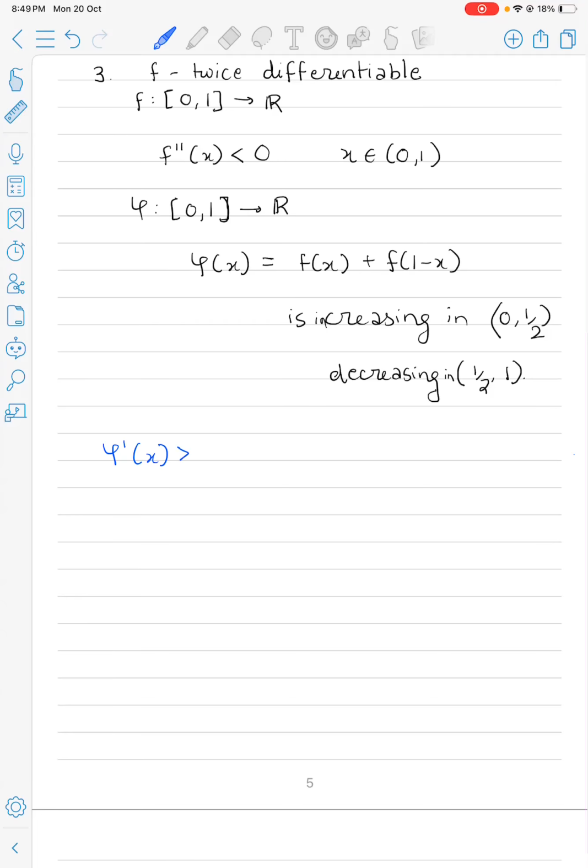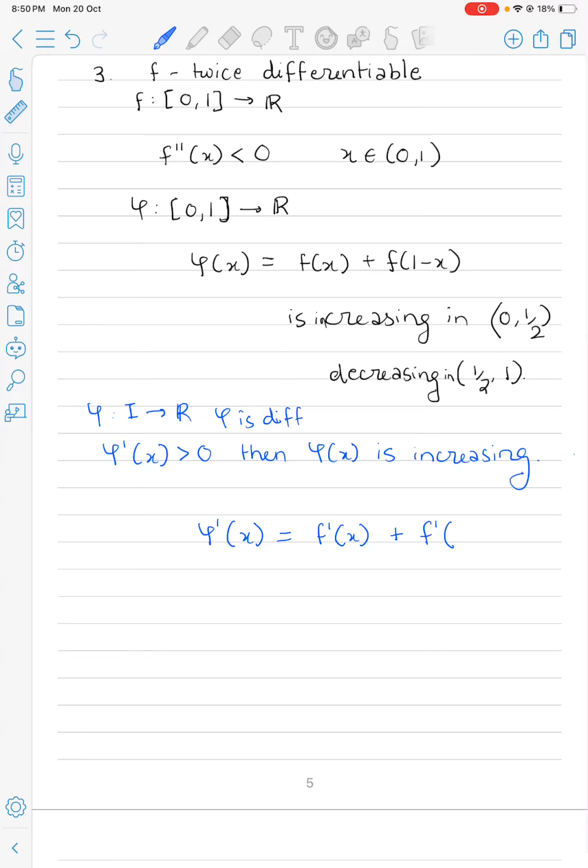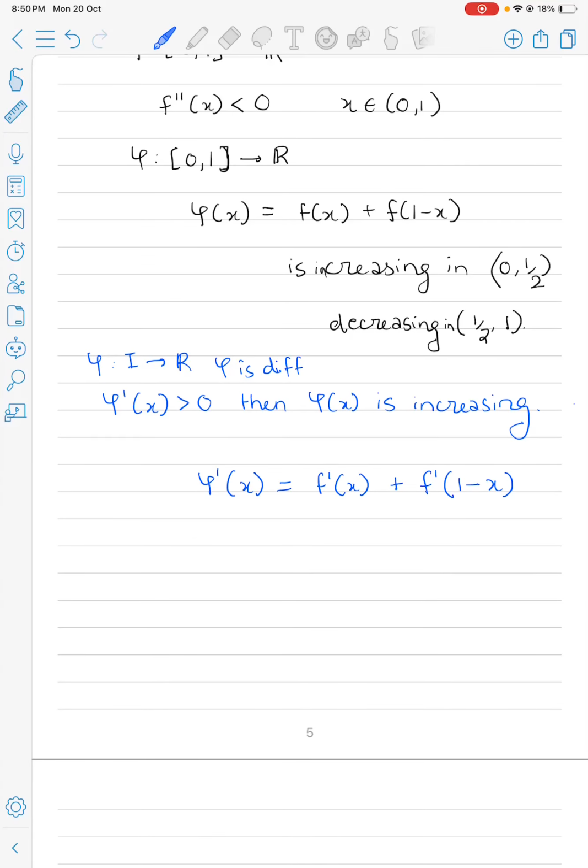If phi dash x is greater than 0, then phi x is increasing, provided phi is defined on an interval and phi is differentiable. So this theorem is what we are going to use. First see that phi is differentiable. Why? Because f is differentiable, so phi is also differentiable.